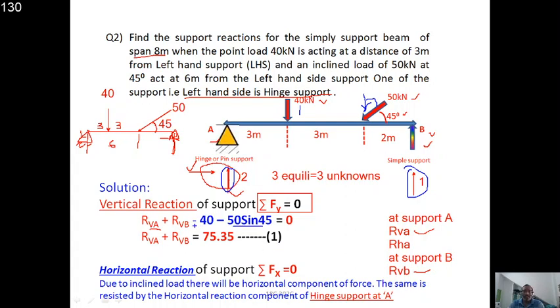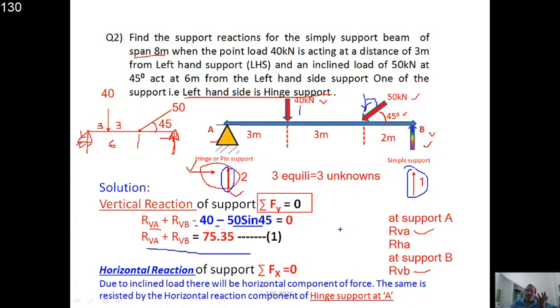Both are negative. Equating them, you obtain the equation RVA plus RVB equals 75.35. So you got one equation.